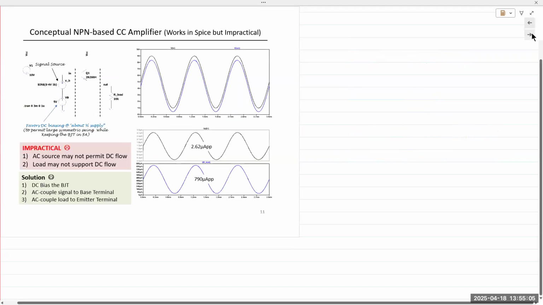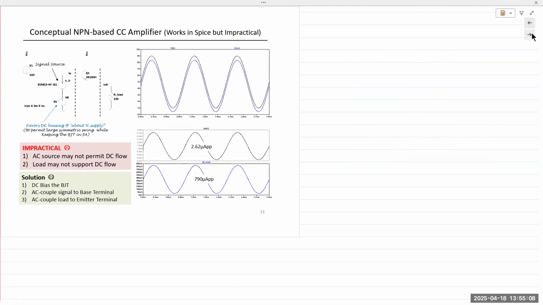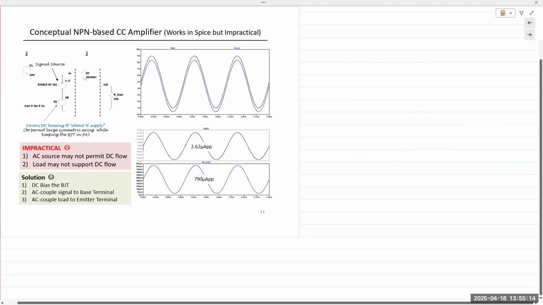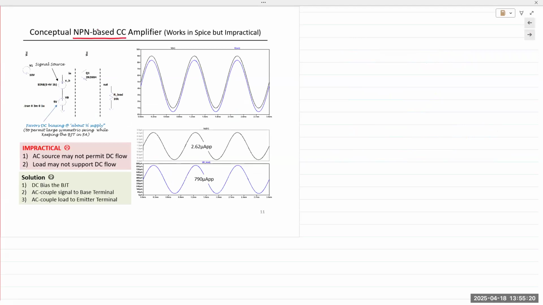We can use many different configurations, but not all of them are going to work. One of these configurations is shown here. We simulated this. It's an NPN-based transistor in the common collector mode of operation. We can simulate it in SPICE or LTspice, and we can get an amplified output.